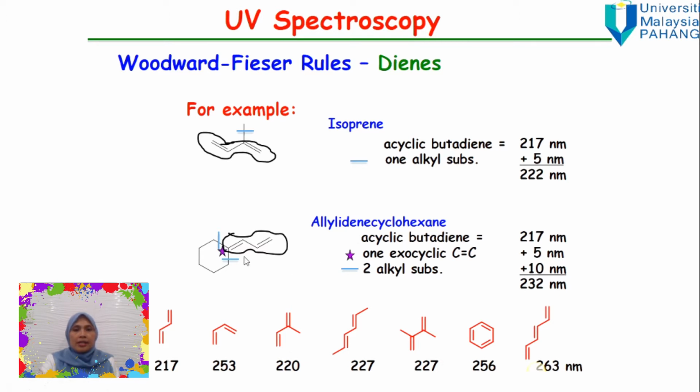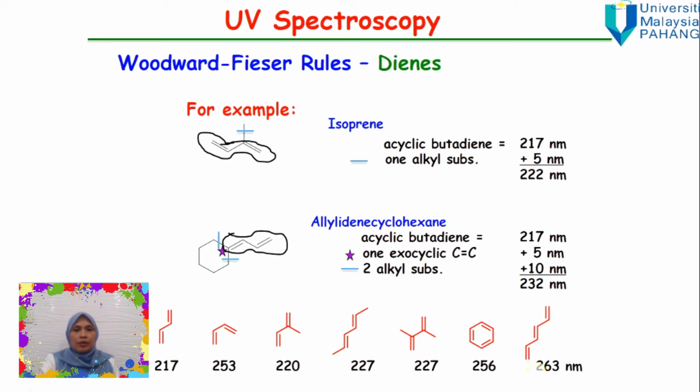So next, we have to see exocyclic. Is extended conjugation present? No. And then next we see whether exocyclic is present or not. How do we see the exocyclic presence?